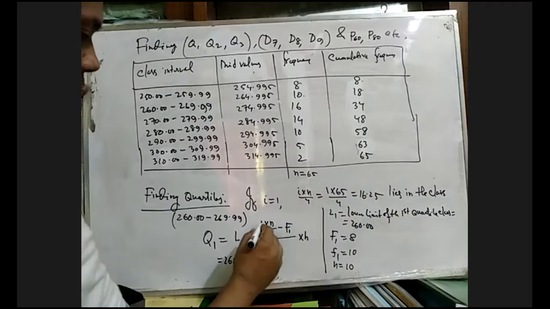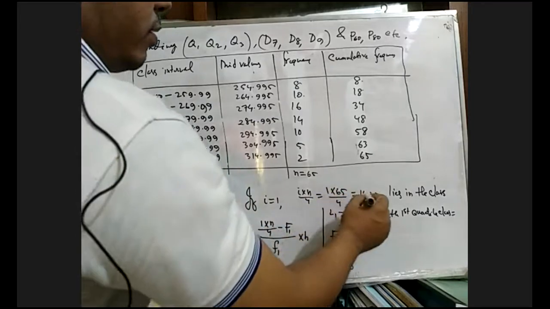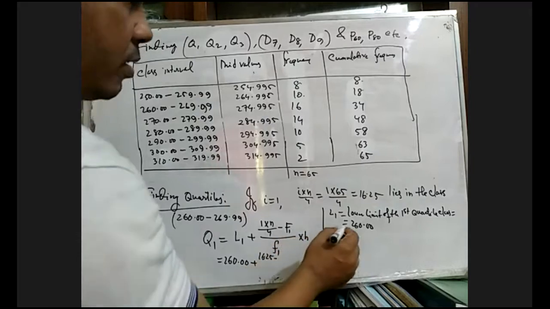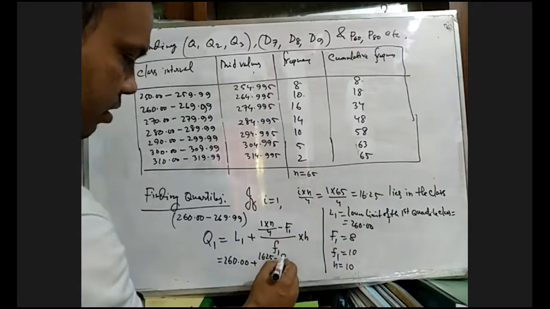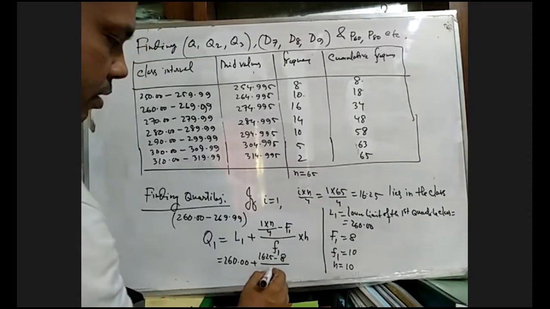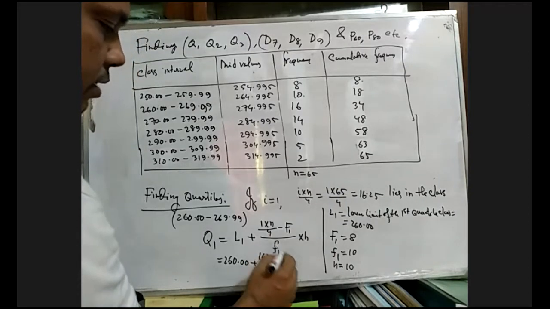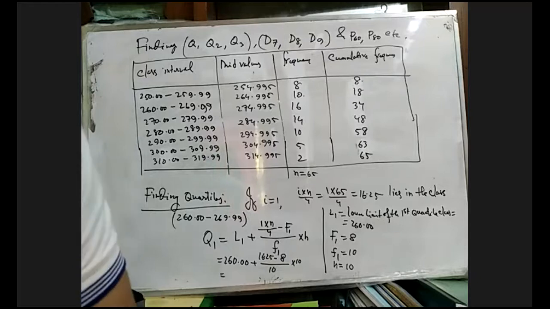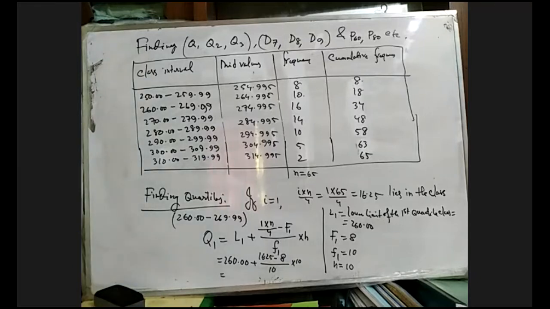So using these values, we get 260.00 plus (1 multiplied by n by 4, that is 16.25, minus the cumulative frequency of the previous class, 8) divided by the frequency of the first quartile class, multiplied by 10. The 10 will be cancelled. 16.25 minus 8 is 8.25.